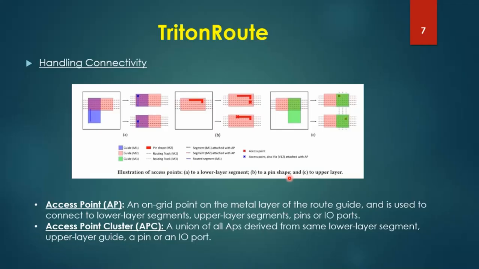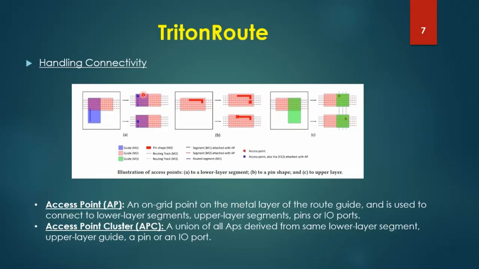You have to find a solution for how the connections need to be made so that you connect one access point to another, and within that, which access point you should choose. If you remember, there are 5 access points in the first figure, so there are 5 places where you can drop vias. So the first objective is to choose which access points have to be chosen.